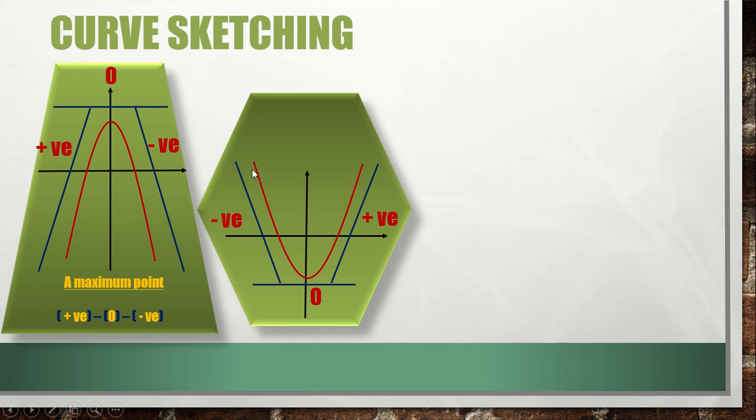So this trough bears a negative gradient, then 0 at the turning point, then positive. So basically a minimum point starts with a negative gradient, then 0 gradient, then positive gradient. That's a minimum point. Please have these things in mind, or find a way of grasping it, but it's basically a concept. If you forget them, just curve sketch and then deduce the points that you require to remember.